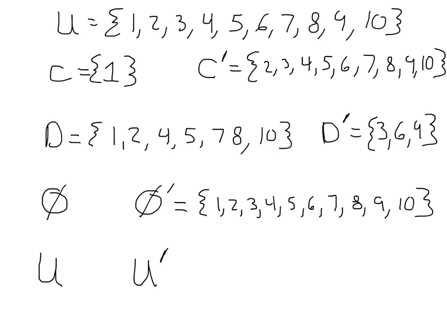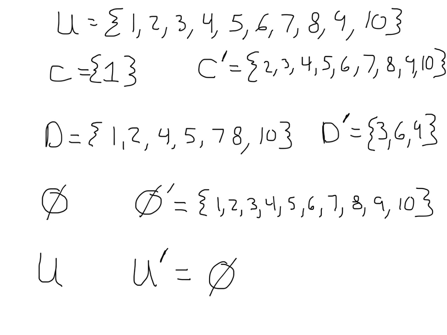And a very similar argument: if I take all of the elements in our universe and ask what's their complement, well, by definition, all of the elements are there, so there's no element left out. So the complement of the universe is the empty set.